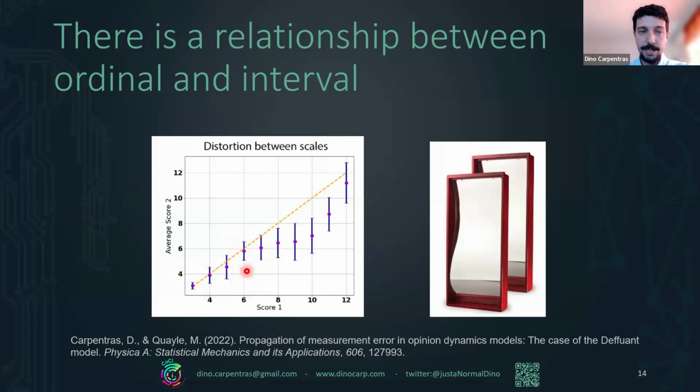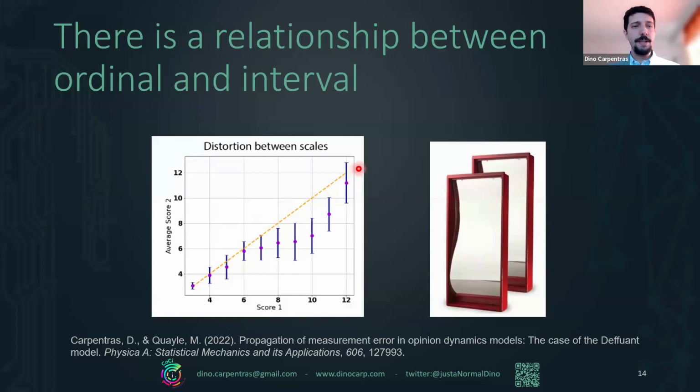And people who scored 6 scored 6 on the other scale. You would expect this to be linear, like people who score 10 on one scale should score 10 on the other scale. But actually what we can see here is that the behavior is non-linear. At a certain point, it diverges from the straight line and it gets this bump here.